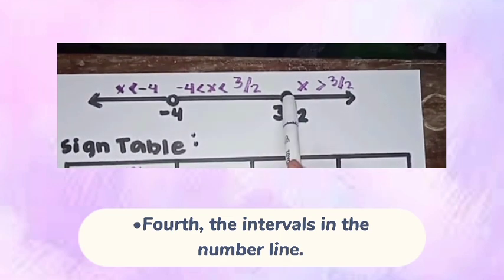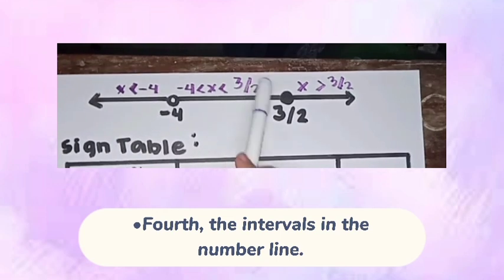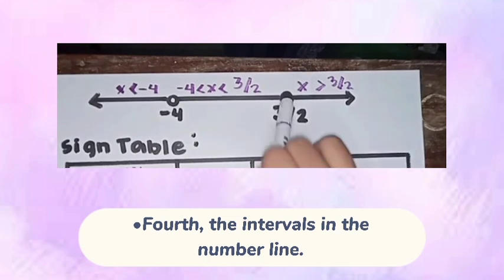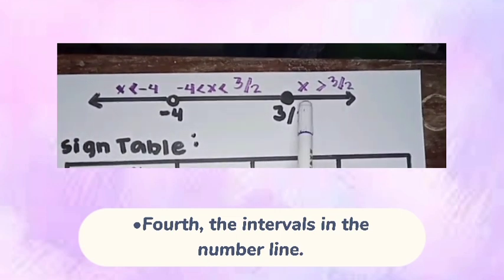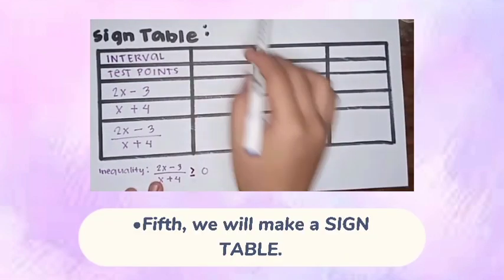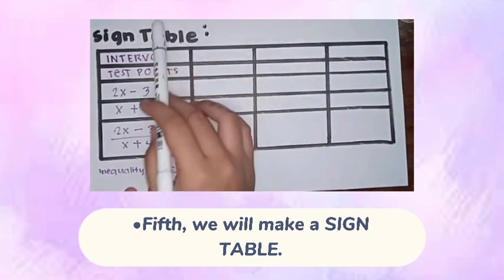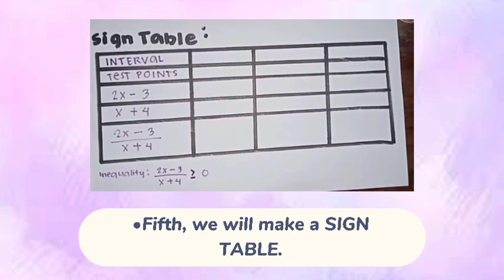And then from this to this, x is greater than negative 4 but less than 3 over 2. And then from this to infinity, x is greater than 3 over 2. Since we already know our 3 intervals, we are going to make a sign table.